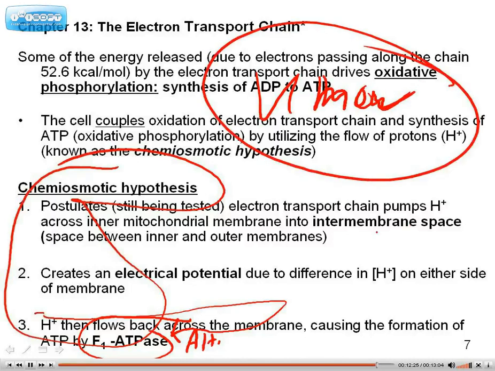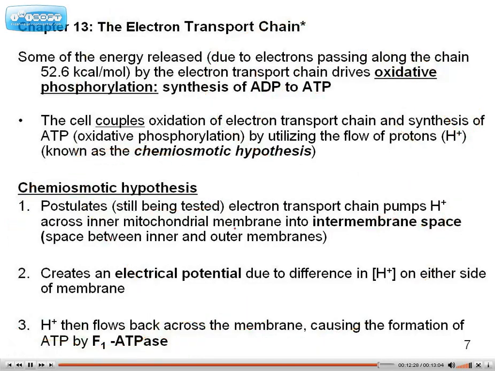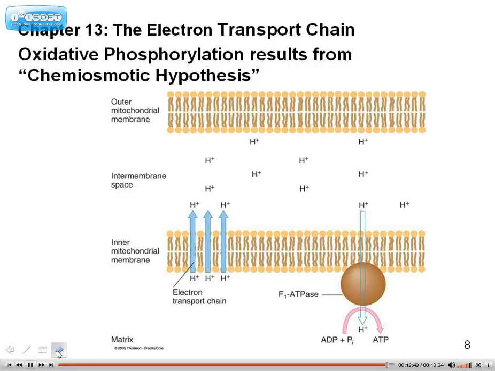All of this should be on your cheat sheet. The ATP synthase basically puts a phosphate back on ADP, forming ATP. This process of putting phosphate back on we call oxidative phosphorylation. So know all of this.